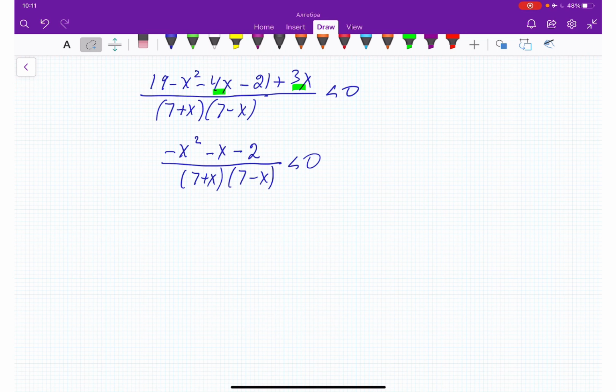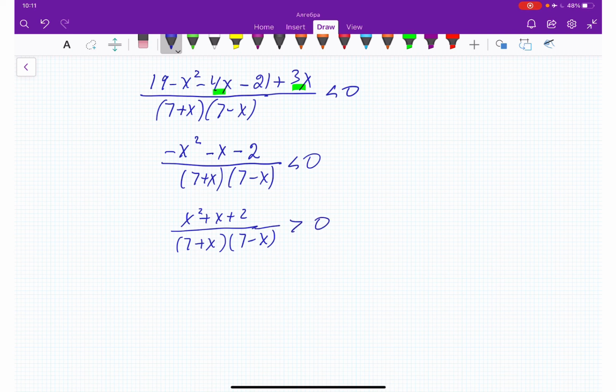So let's get rid of the negative sign. We are multiplying both sides by -1. And remember, when we multiply by -1, it affects the sign of the inequality also. And we get x squared plus x plus 2 over 7 plus x, 7 minus x, is going to be greater than 0, right?